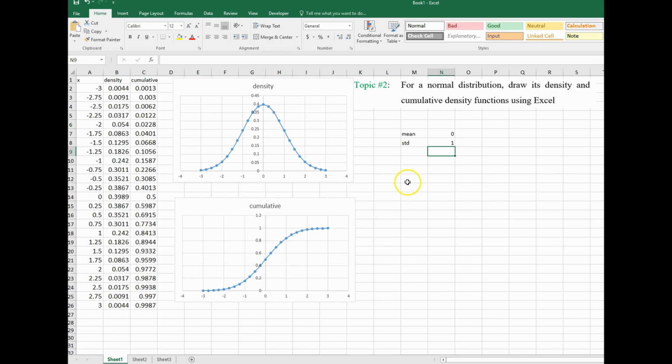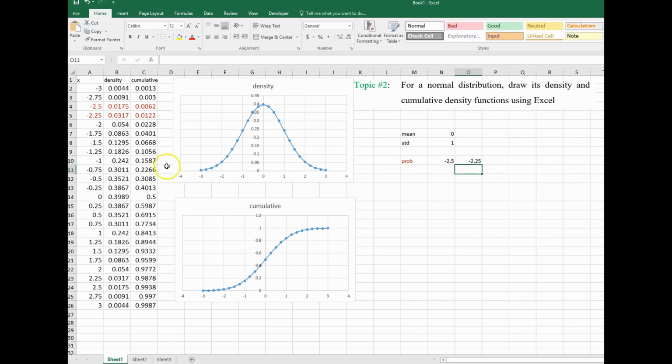So let's look at these two values. If we ask what is the probability between negative 2.5 and negative 2.25?